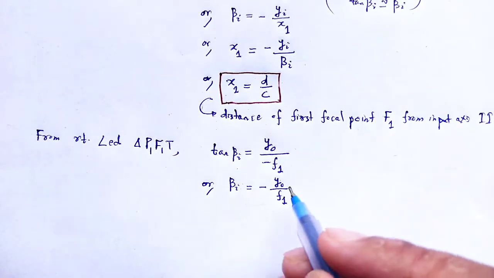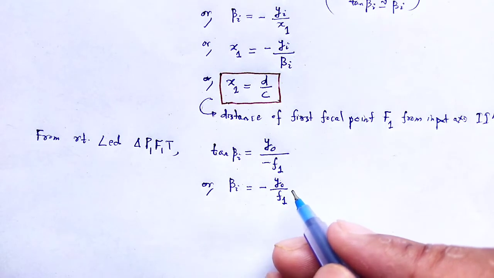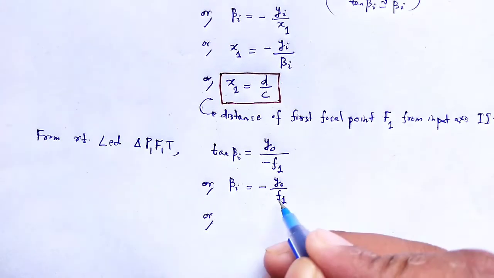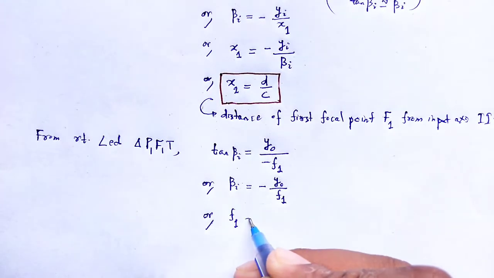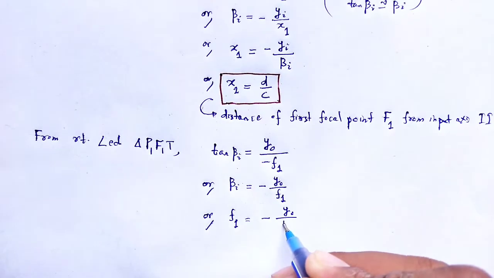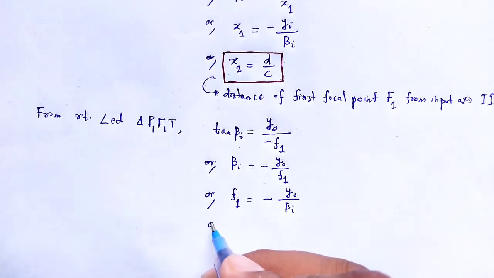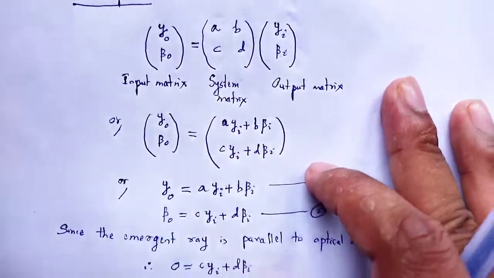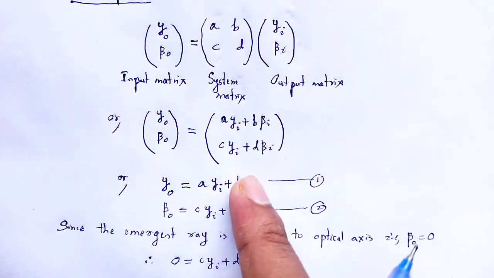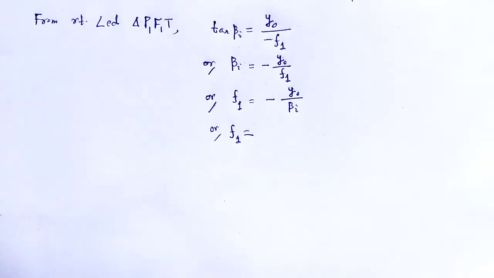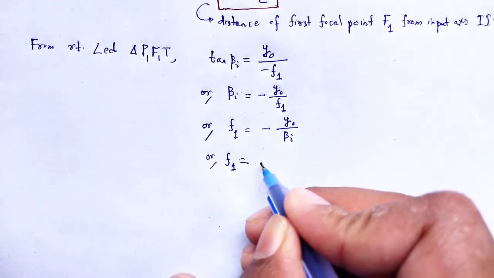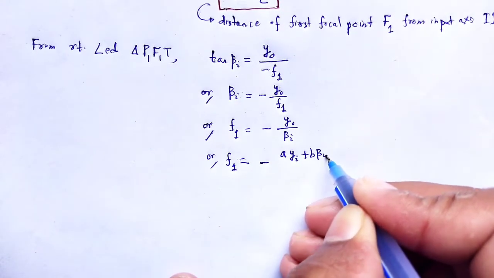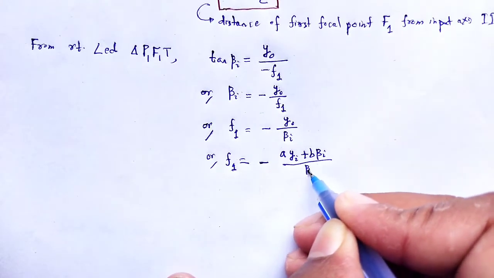Here the value of y naught I can write like this. f1 is equal to minus y naught by beta i, or f1 is equal to, in place of y naught, look at the expression y naught is equal to A yi plus B beta i, that value is put here, minus A yi plus B beta i divided by beta i.